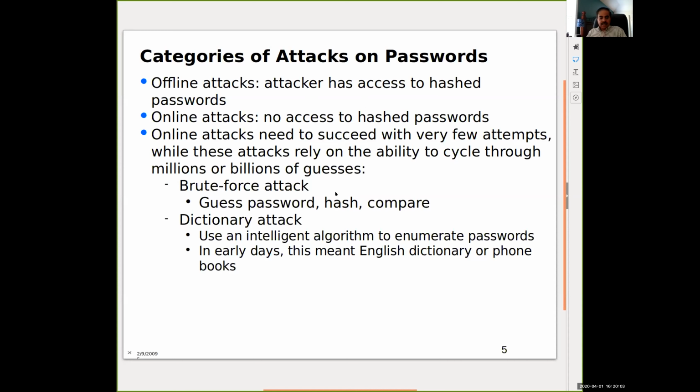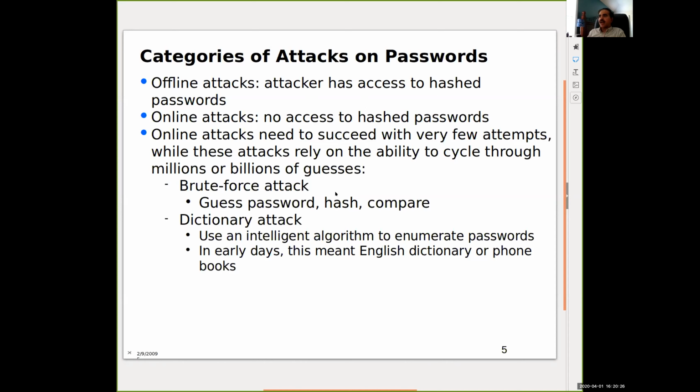So now that the plain text passwords are no longer available, attackers start with these hashed passwords. And if they can get access to these hashed passwords, then they can carry out what are called offline attacks.